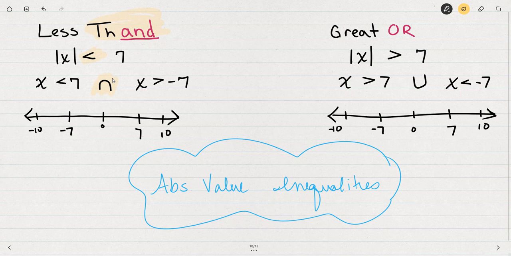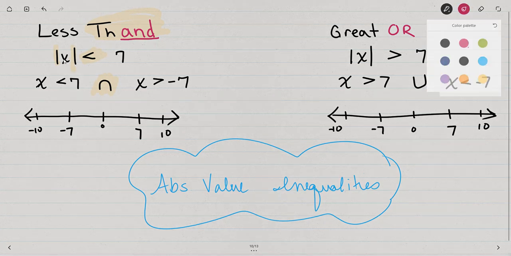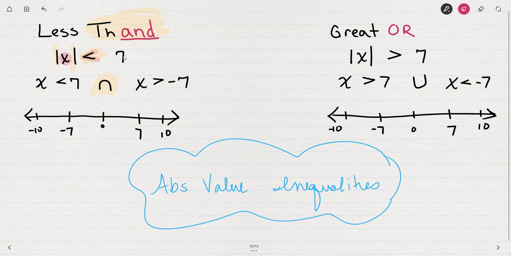So if we drop those lines from the absolute value and just see this as x is less than 7, and then at the same time x has to be greater, so flip it from less than to its opposite, greater, the opposite of 7.